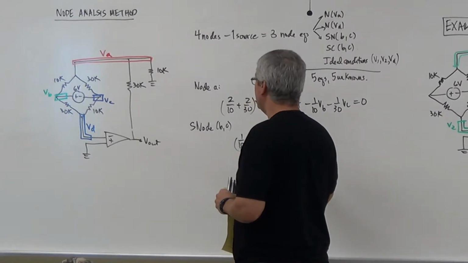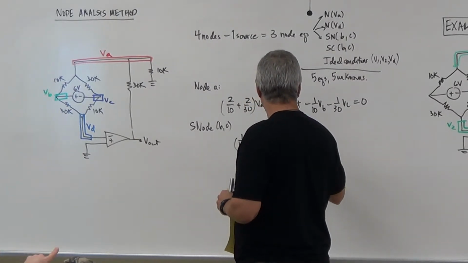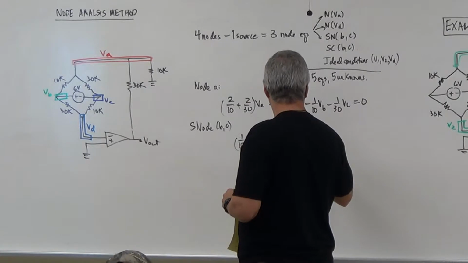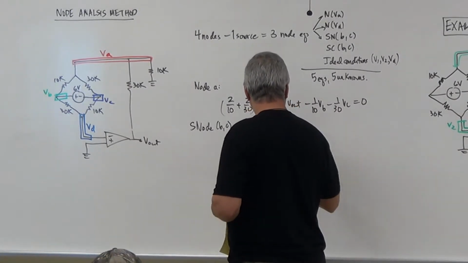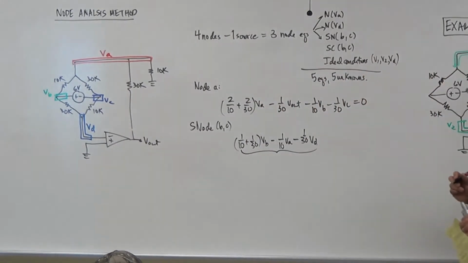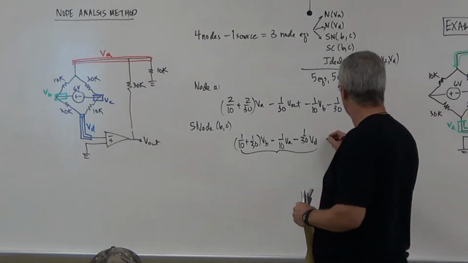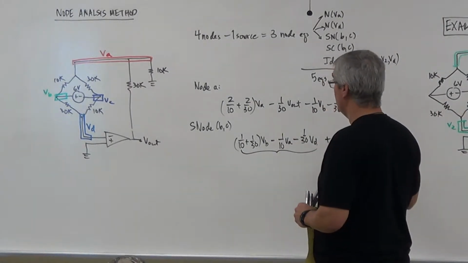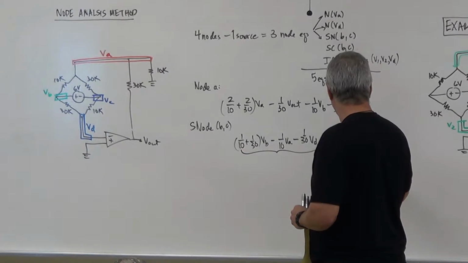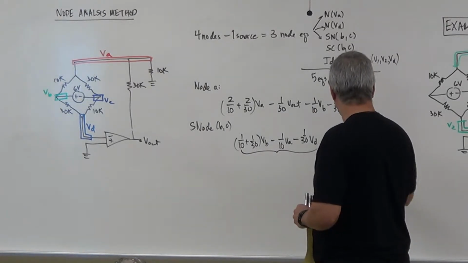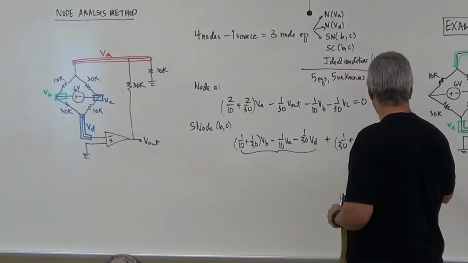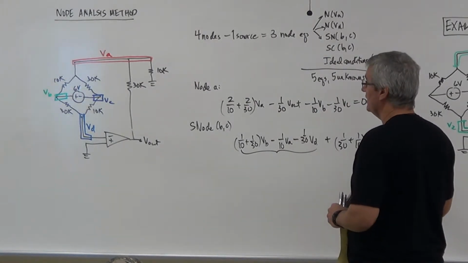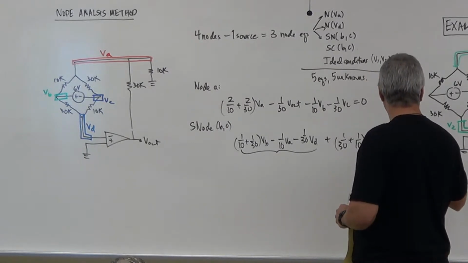I got minus 10 VA minus 30 connected to VD. So that's my node B there. So now if I focus on node C, I'm going to then go in and I have 30, 10 VC, then I have the mutual with the A, which is a 30, and then I have the 10 connected to VD here.